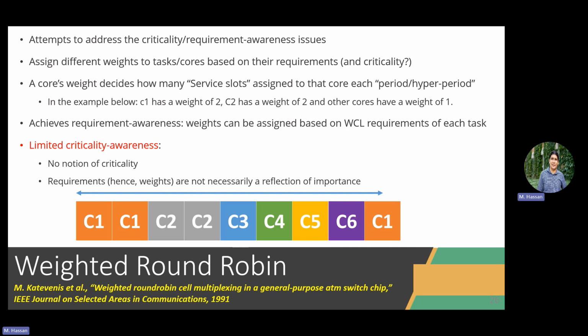The way weighted round robin really works is that over the round of a schedule, over the cycle, it's not necessarily that every core gets only one chance. Maybe core 1 gets more chances than core 2 because it requires more access. So it starts putting weights. In this example, I'm making C1 have a weight of 2.